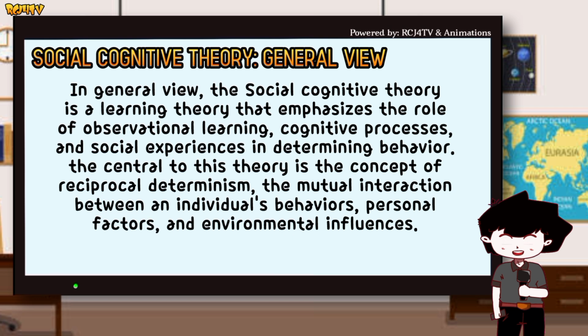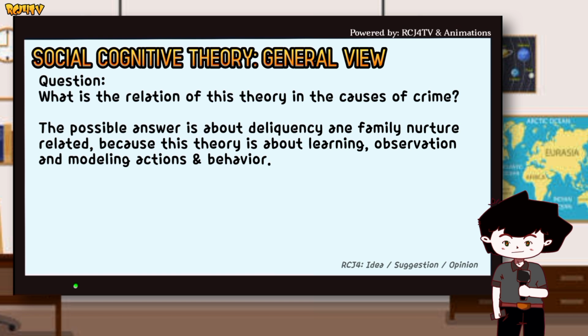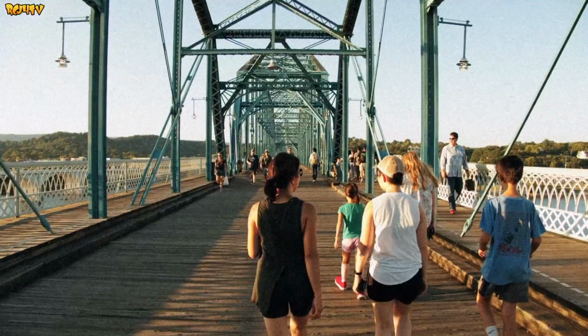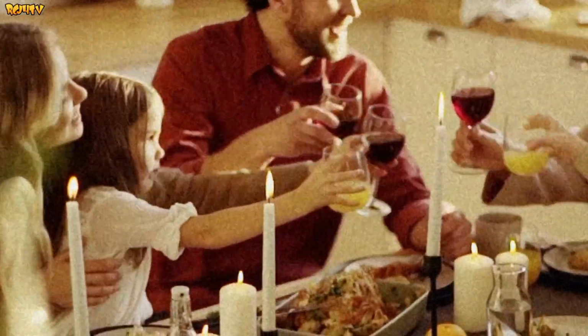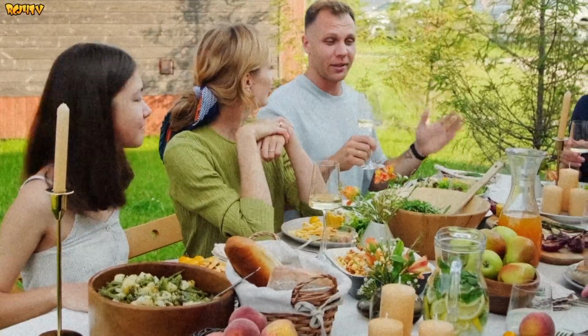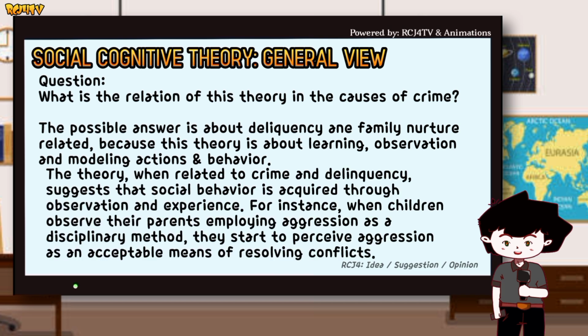Now, what is the relation of this theory to the causes of crime? The possible answer is about delinquency and family nurture, because this theory is about learning, observation, and modeling actions and behavior. Okay, when related to crime and delinquency, the theory suggests that social behavior is acquired through observation and experience.